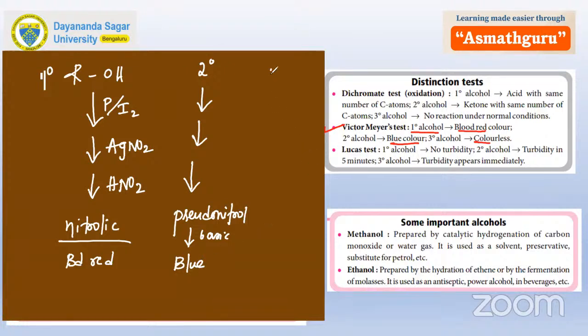Whereas in tertiary alcohol, there is no reaction, so we call it colorless. Got it? This is about the Victor Meyer method.